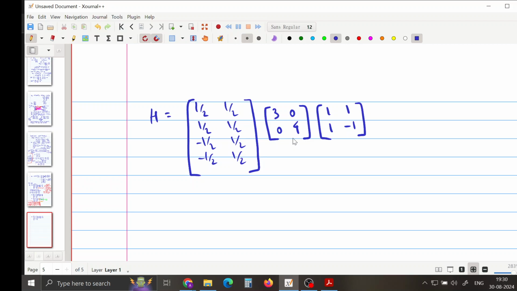So for that again some exchange of rows and columns we need to do. So what I'll do is I'll swap the columns for this and I'll swap the rows for this, so that the product remains unchanged.